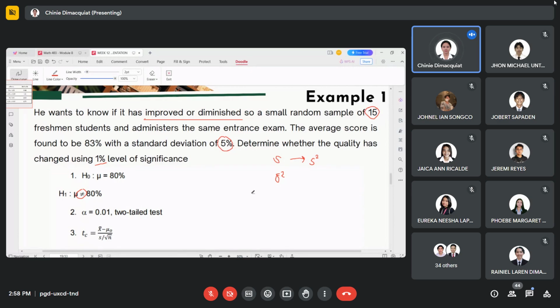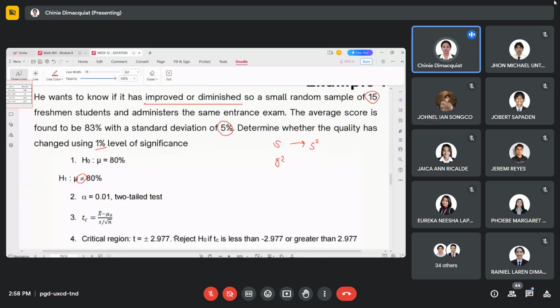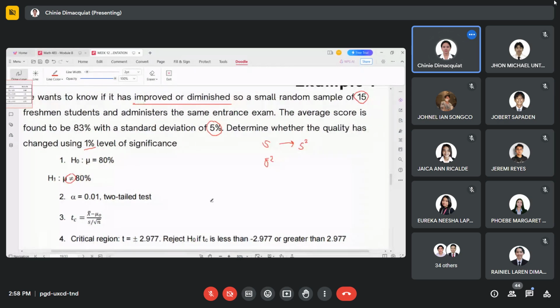Okay, so for the fourth one, our critical values are positive and negative 2.977. Let's go back. Our n is 15, so our degrees of freedom is 14. Then 1% level of significance.